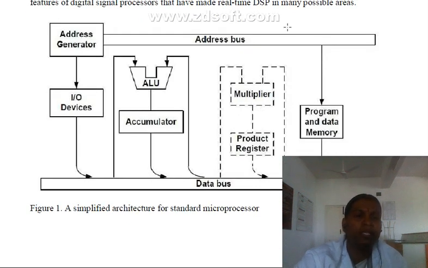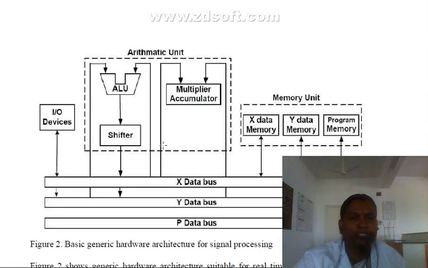Here this is a general or standard architecture of the processor. We have an ALU, accumulator, multiplier, and program and data memory. Depending on the program memory and data memory, we differentiate the architecture. The address bus is also here, and I/O devices are there. It comes under the general simplified architecture of a microprocessor.